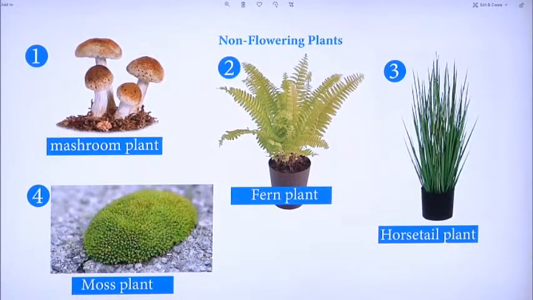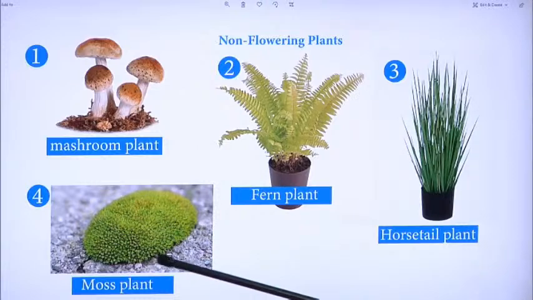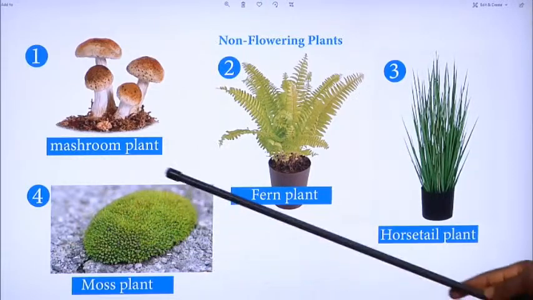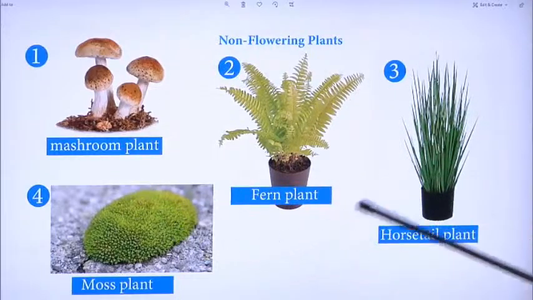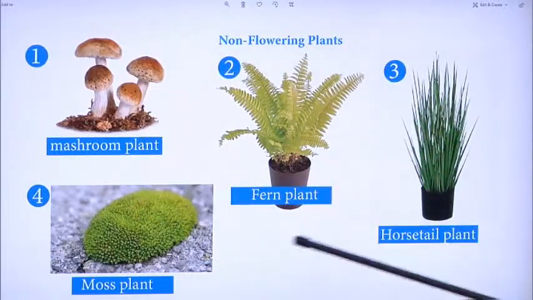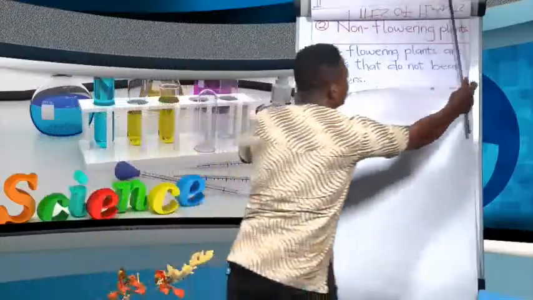Even if you add fertilizer to the soil, still, when it rains from December to June, still. So this is also a non-flowering plant. All these are examples of non-flowering plants. Good.